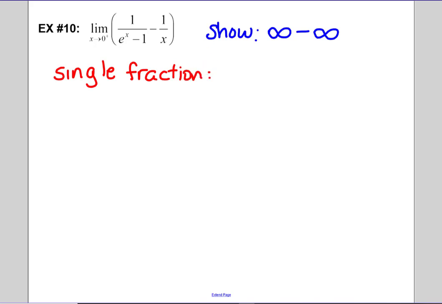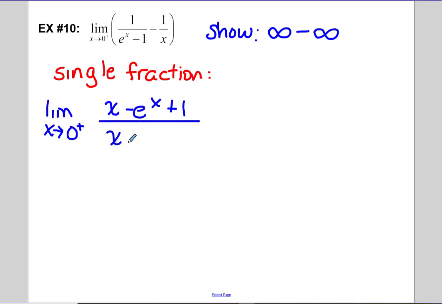And by turning that into a single fraction, I'm getting a common denominator, and that's going to be x times 1, and then negative 1 times e to the x, and negative 1 times negative 1, and then multiplying the denominators together, x times e to the x minus 1.